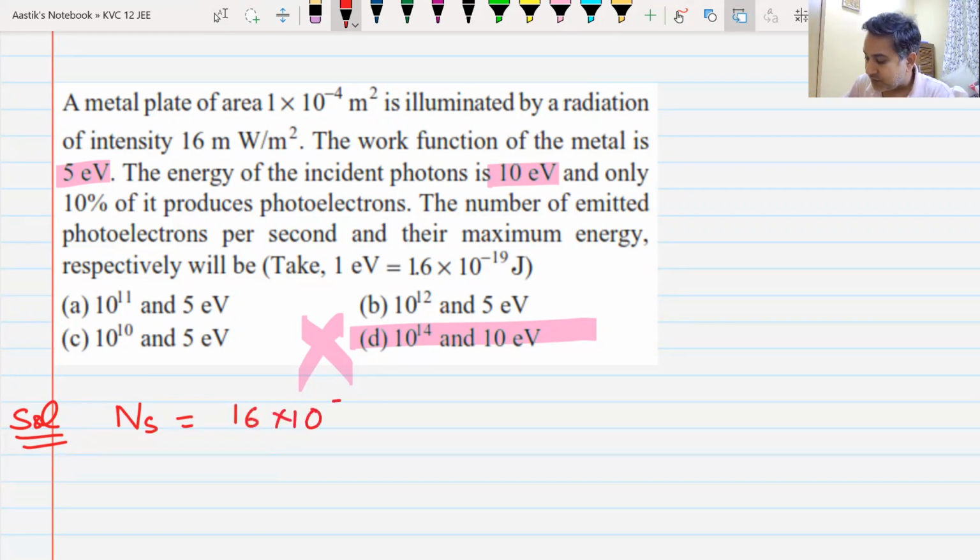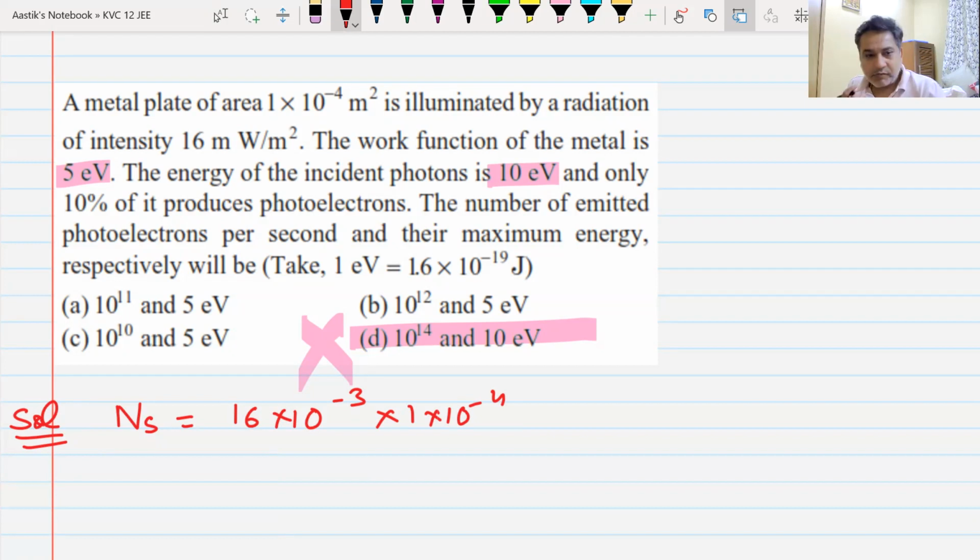16 into 10 raised to power minus 3 multiplied by the area 1 into 10 raised to the power minus 4. This is the energy falling per second. Yes or no? This is the power falling per second.